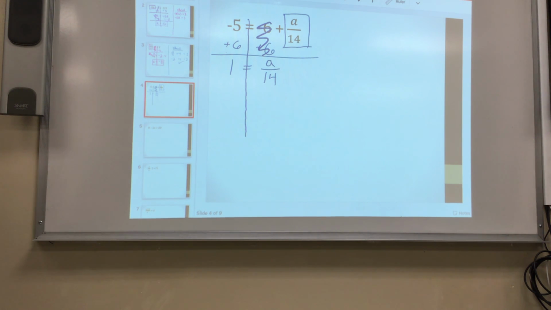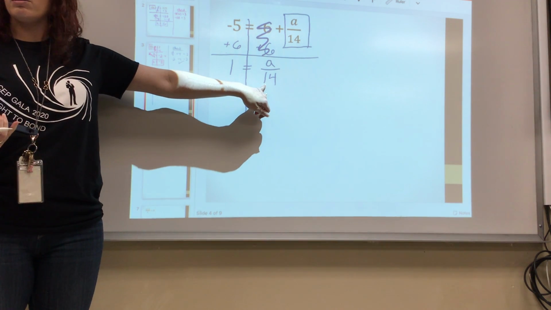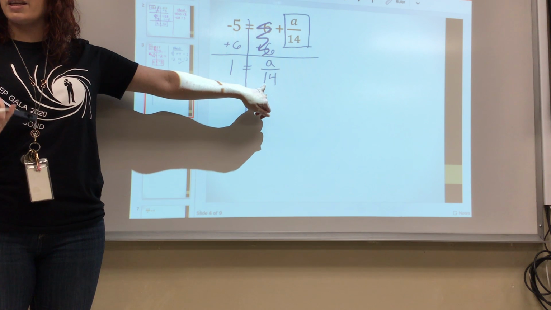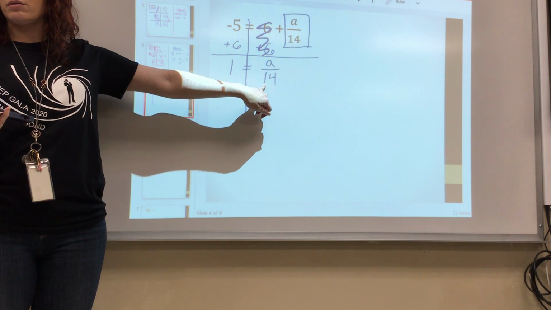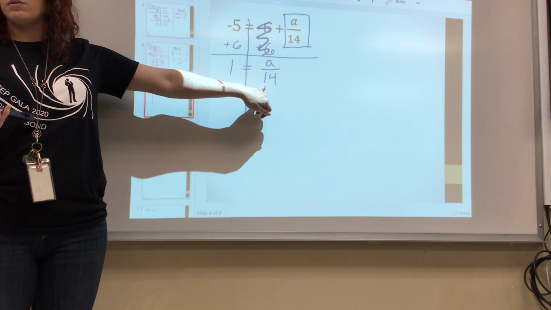What was the next thing that you did? What was the next thing? Jace? You divide by 14 on each side. Divide by 14? Isn't this already division now? So what's the inverse of division? Multiplying.